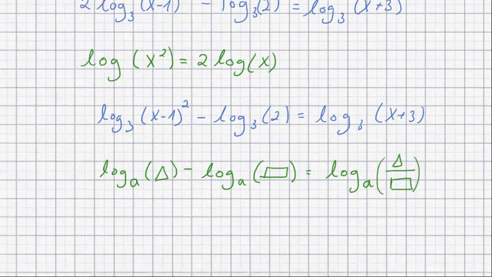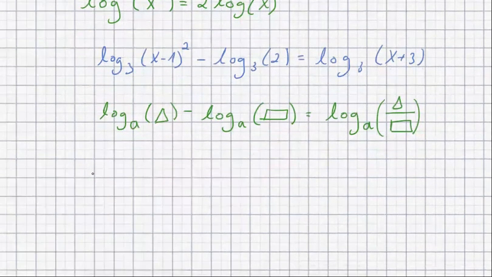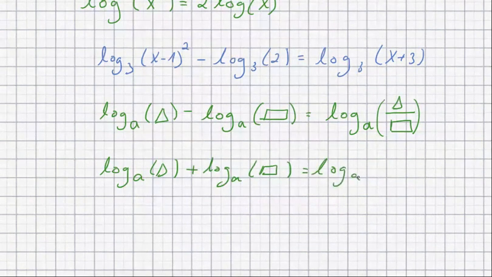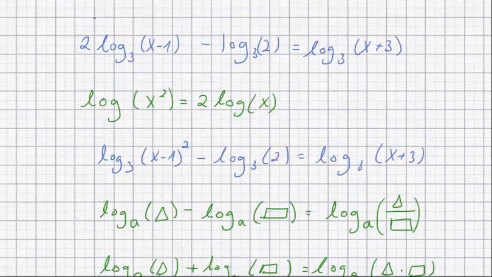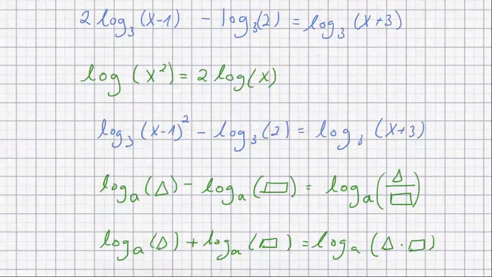If it's a minus, you do division, and if it's a plus, you do multiplication. So let me also write it down: if you have log base a of triangle plus log base a of rectangle, it equals log with the same base of the triangle times the rectangle. This is the reason I wanted to move these 2 to here, because now I can use this rule.